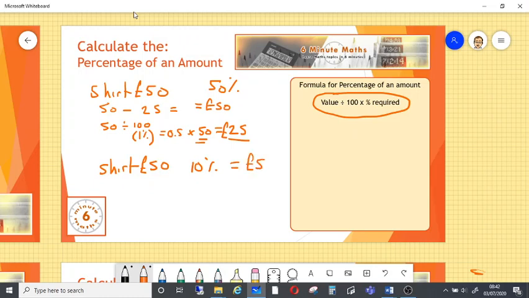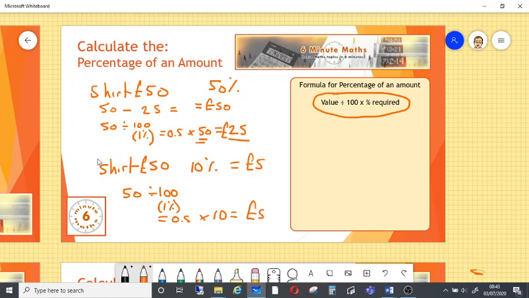But let's calculate it properly using our formula. £50 divided by 100 finds us 1%, and that equals 0.5. We'll show it on the calculator in a minute. And 0.5 times the 10% we need to find will give us a value of £5.